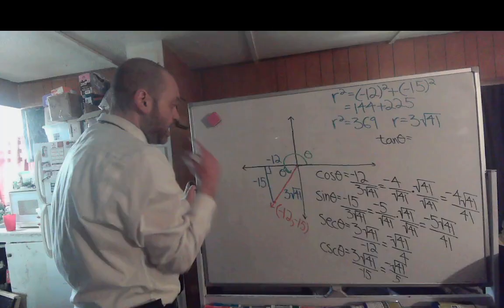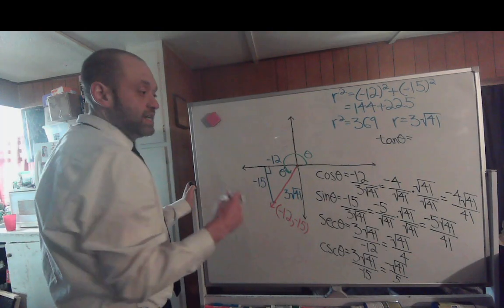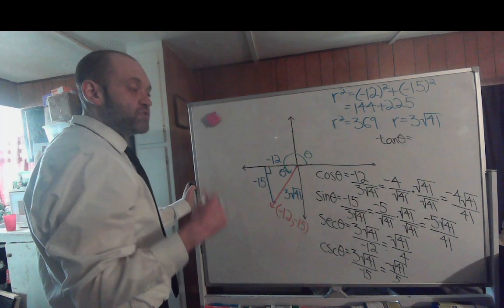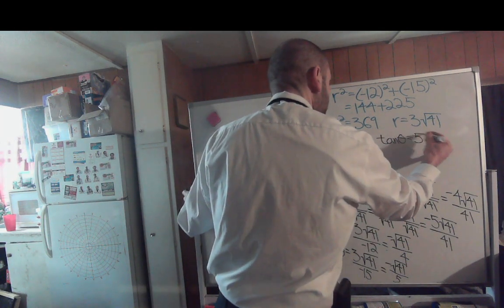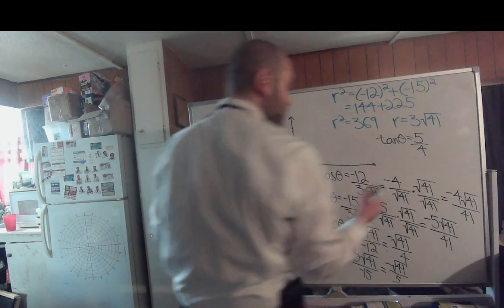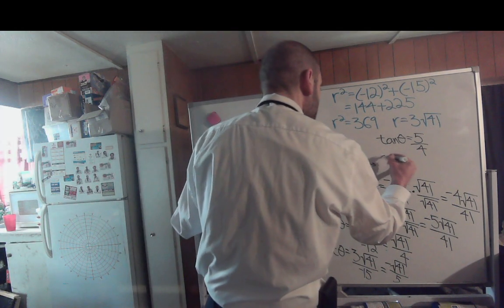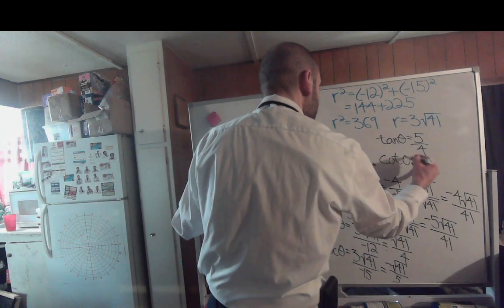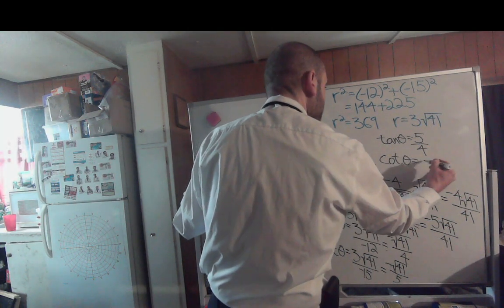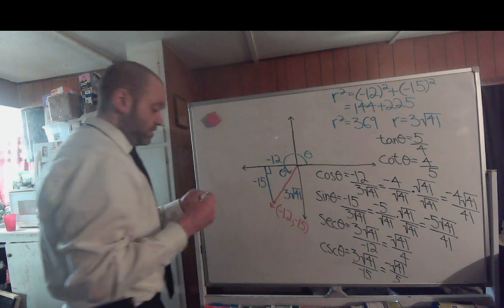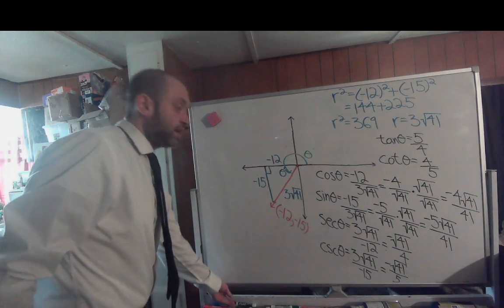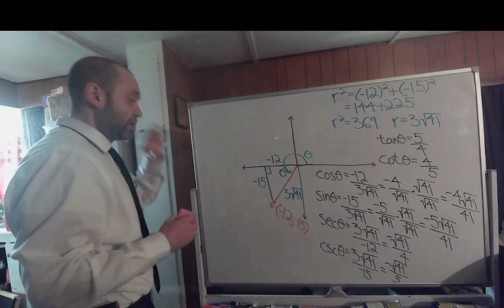Tangent is opposite over adjacent. Negative 15 divided by negative 12 will turn it positive. That becomes positive 5/4. So the tangent isn't so bad. And the cotangent's just the reciprocal of the tangent, which would just make this 4/5. So we had a lot of fun with that one, that's for sure.